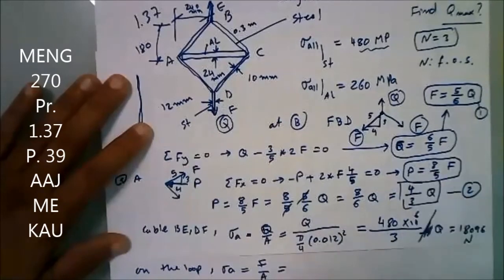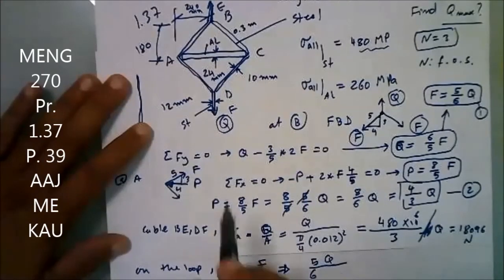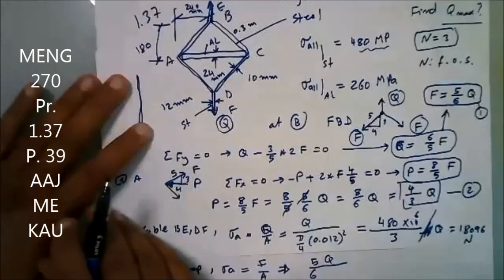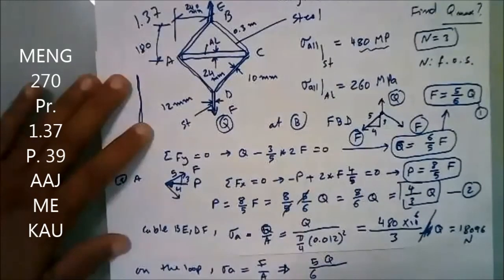So again, let's solve this. What is the force? We have 5Q over 6. What is the area of the cable? Pi over 4 times 0.014 squared.